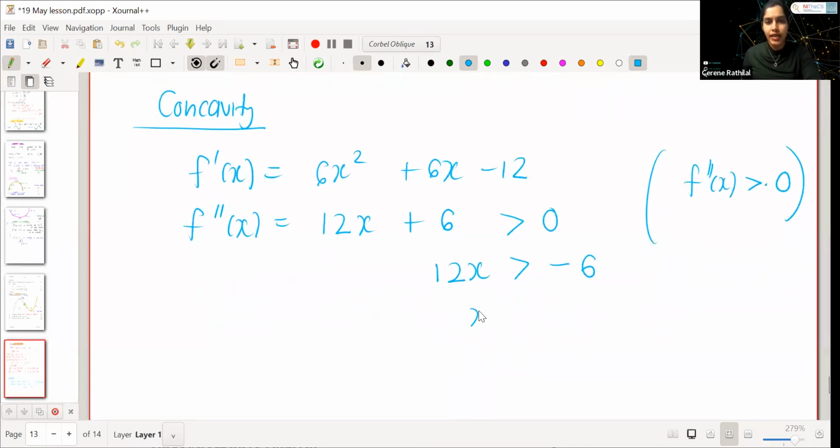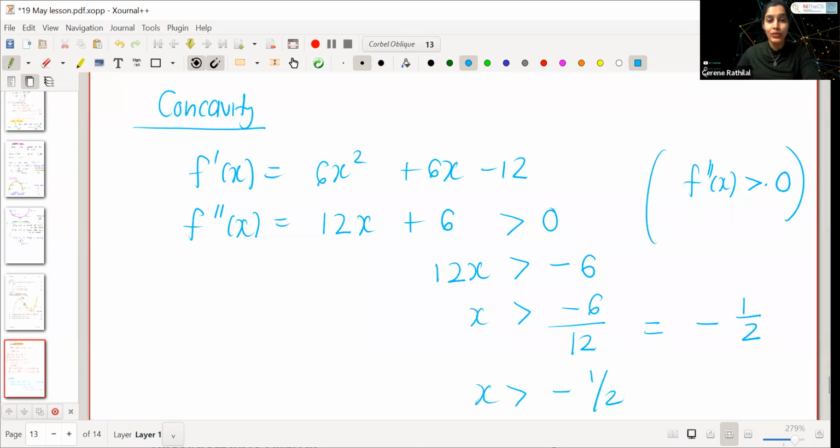And if I divide both sides by 12, the inequality remains the same. It becomes negative 6 over 12, which equals minus a half. And so we see that it is concave up for all x greater than negative half.